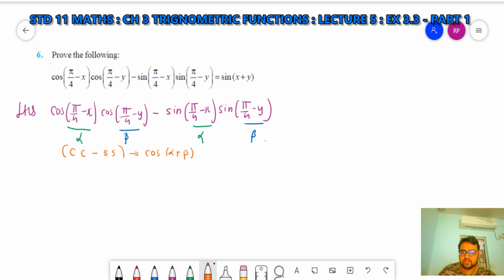Okay, so now see here. This will be equal to cos, what is alpha? Pi/4 - x, plus, what is beta?